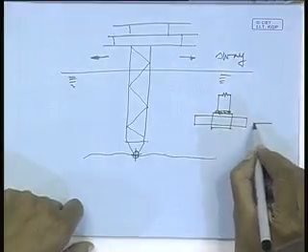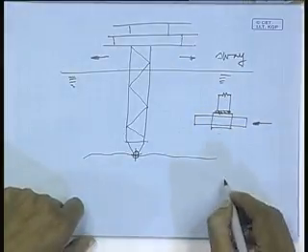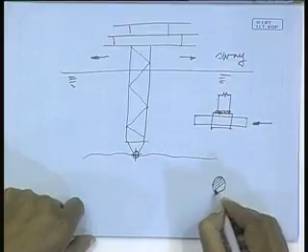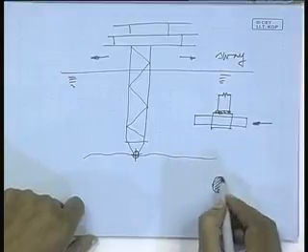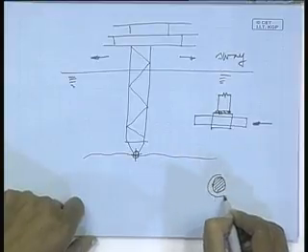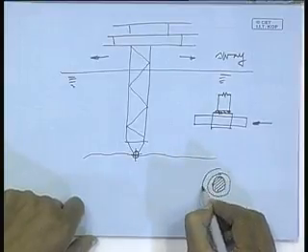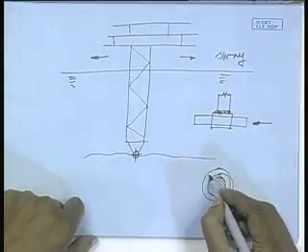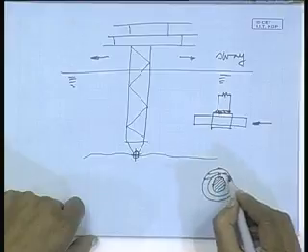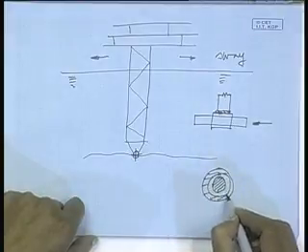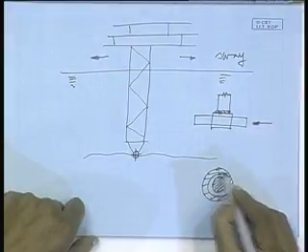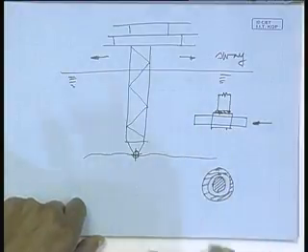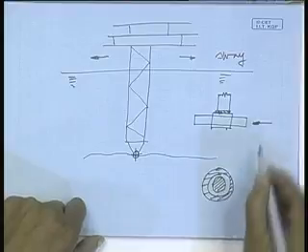If you look from this angle, this side, you have the shaft in between, or the pin, the hinge pin, and then you have this outside small cylinder, this end, which is free to rotate about the pin.